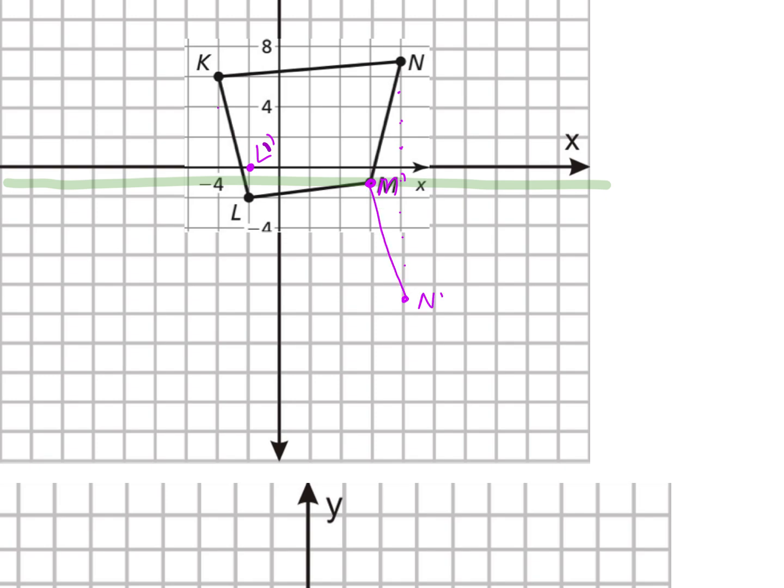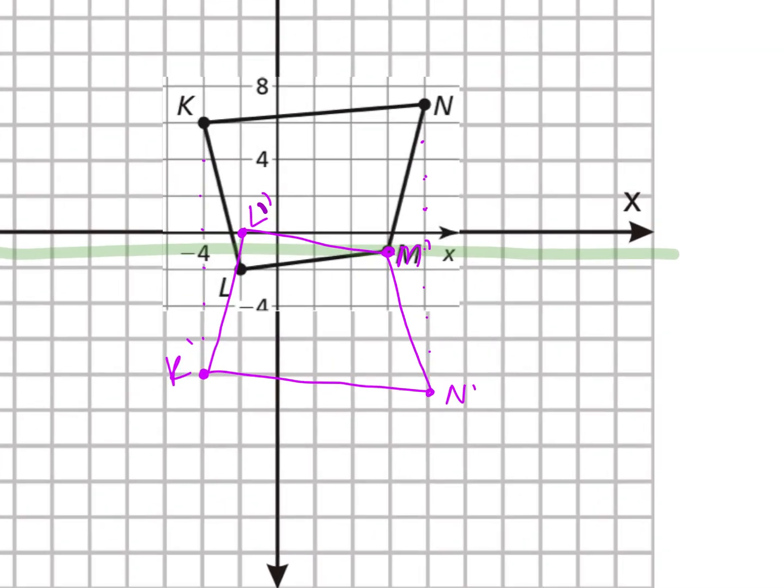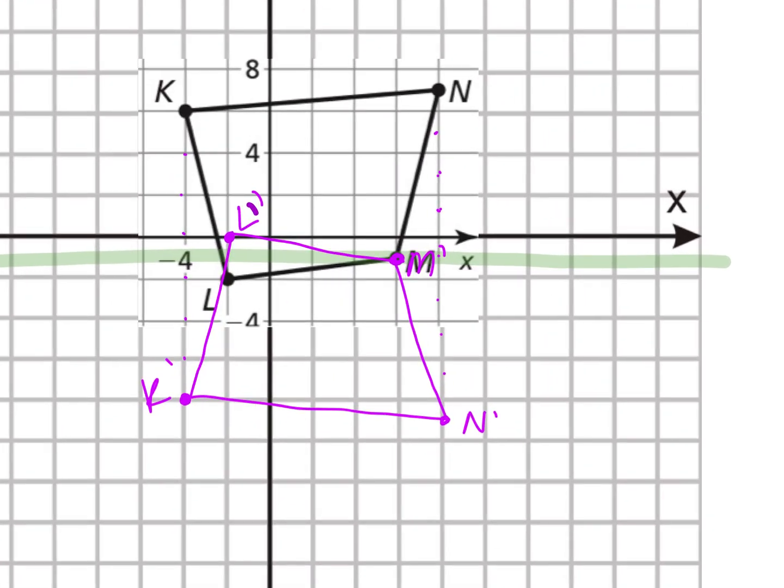And then K is 1, 2, 3.5. Perfect. All right, this is what it should look like. Because I did my graph by 2s, it may look a little different than yours, but you should have those L's overlapping, and your M should be directly on the axis, or whatever they're asking you for, that -1. So just double check that one.